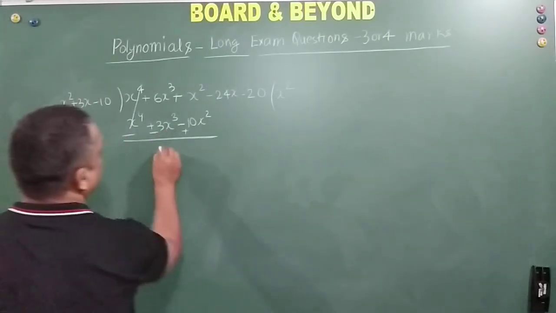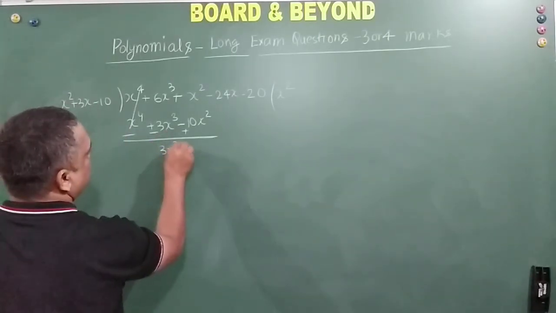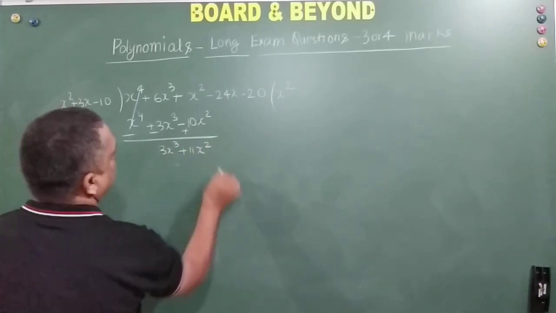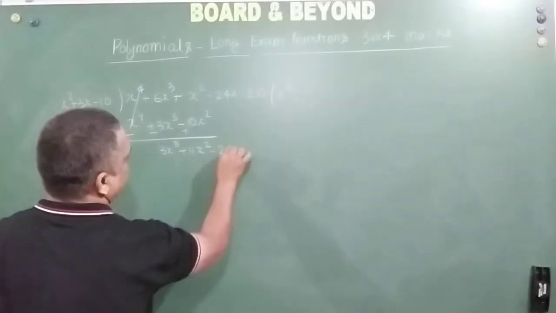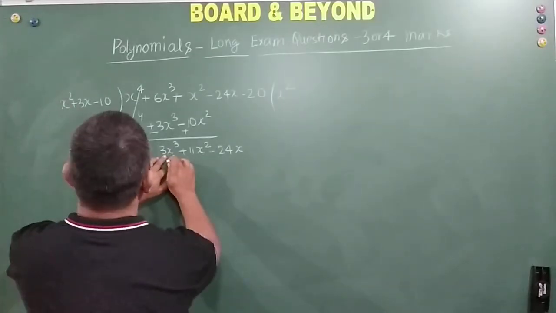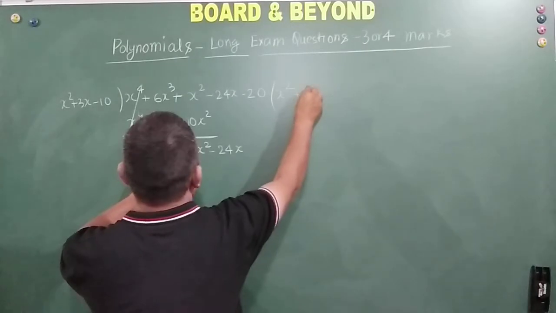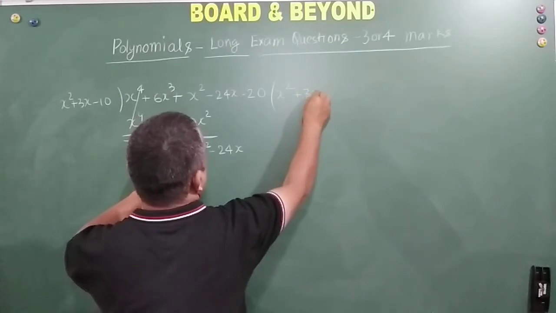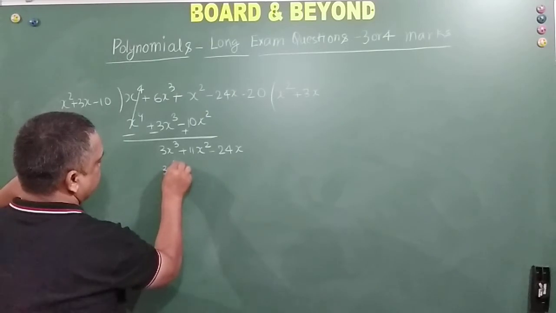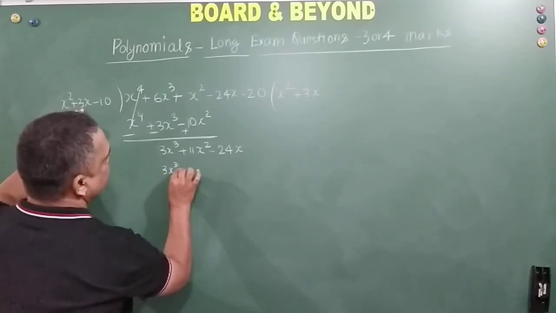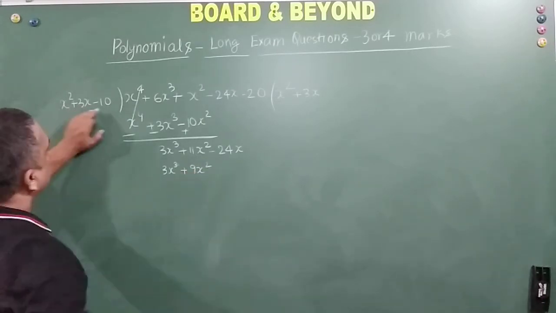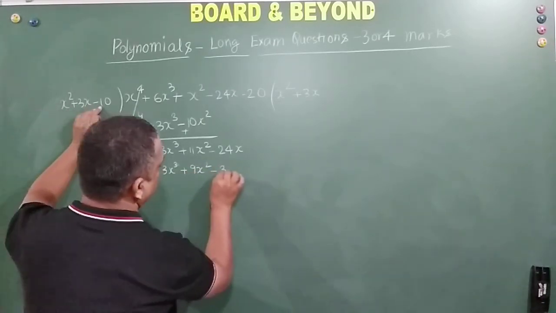So this leaves me with 3x cube plus 11x square minus 24x. Correct? Now I need 3x cube here. So first I need is 3 and then x cube, right? So 3x. So 3x cube here. This becomes plus 9x square. This becomes minus 30x.